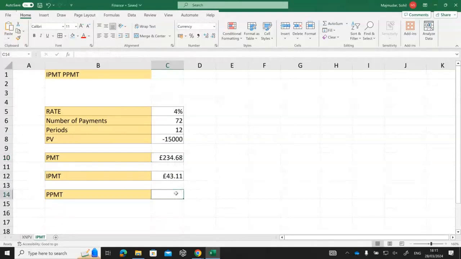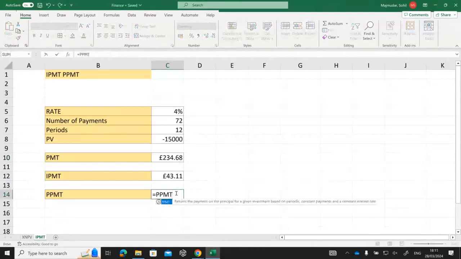And similarly, you do equals PPMT to find the principal. It's the same thing. So PPMT will be rate divided by 12, same thing. Second thing is click on the month you want to find your interest or principal for.